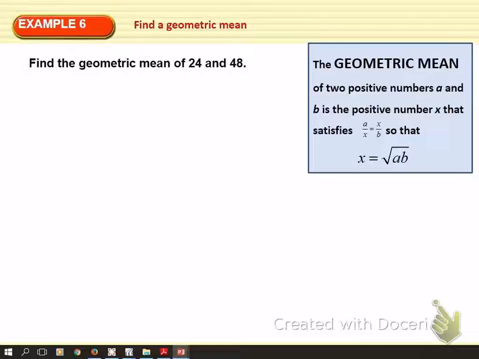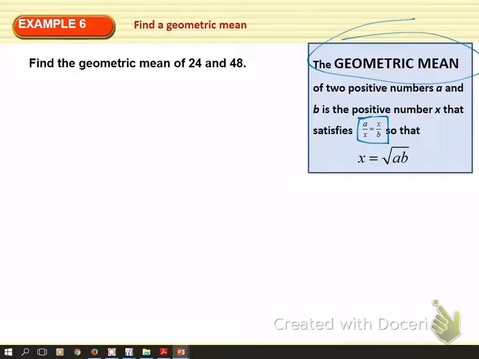The geometric mean is different. You see it right here in this box. The geometric mean of 2 positive numbers, and you're going to understand why they have to be positive when we start doing these, is a positive number that satisfies this proportion.